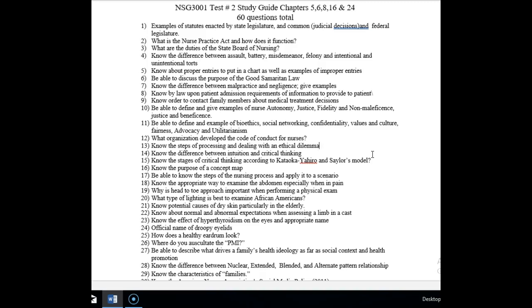Critical thinking, though, is like recognizing that an issue exists, analyzing the information, going through those different steps that you take, analyzing information related to whatever the issue is, evaluating that information, and then drawing a conclusion.